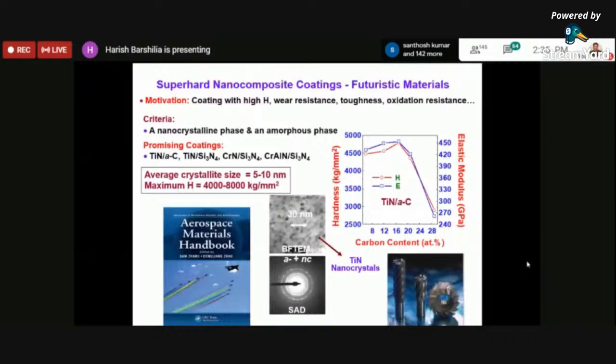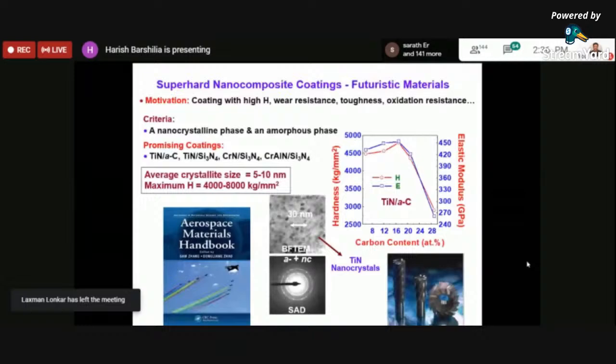So for example, I can have a nanocomposite of, say, titanium nitride and silicon nitride, and by controlling one of the phases, it is possible to control the physical properties of these coatings. On the right-hand side, you can see the hardness versus the amorphous carbon content, in particular for a titanium nitride amorphous carbon nanocomposite coating.